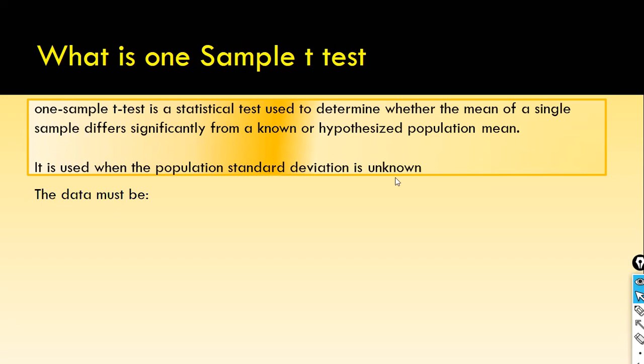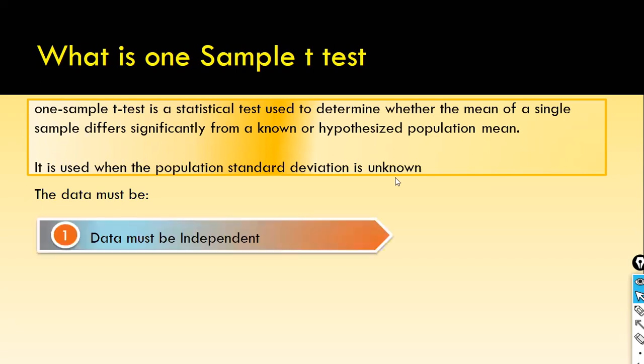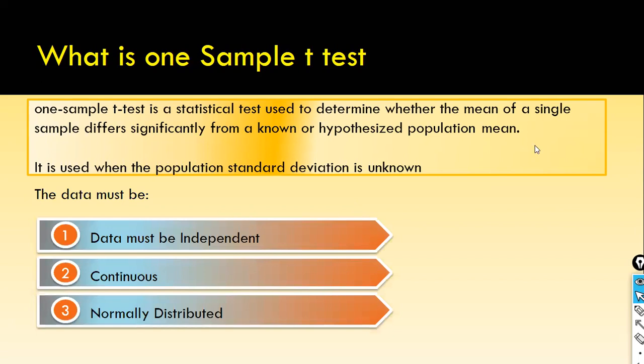To conduct this test, these are the assumptions that need to be met. We discussed already, in the case of t-test, the data must be independent in your sample, and it is a continuous variable. For example, the car mileage we discussed, that is a continuous variable. And normally the population should be normally distributed.